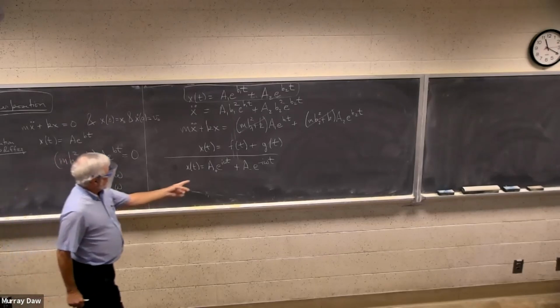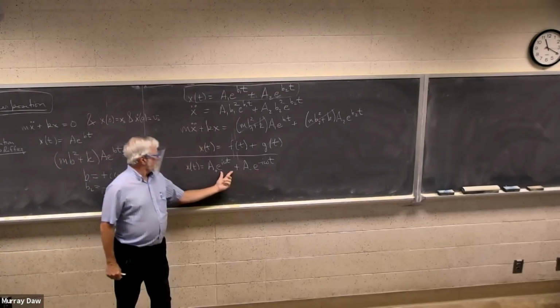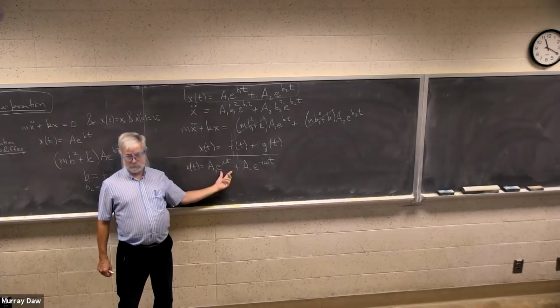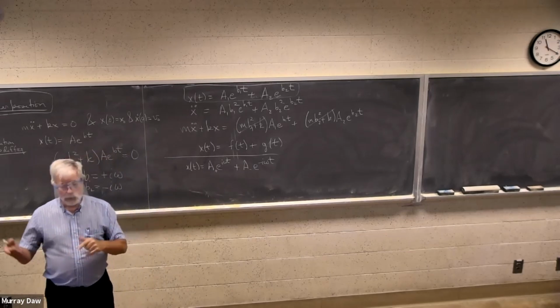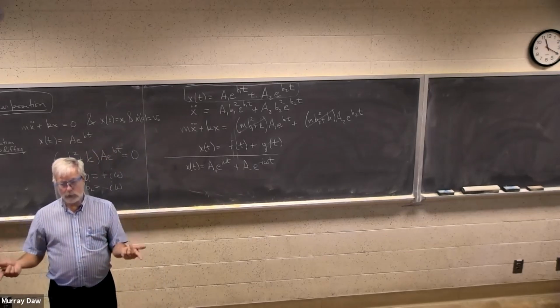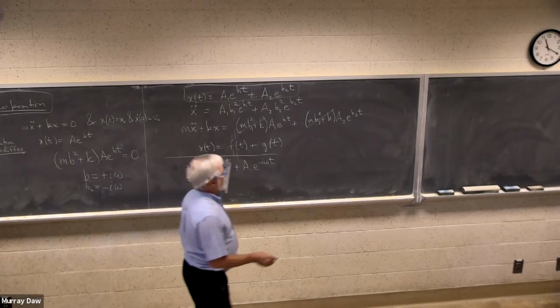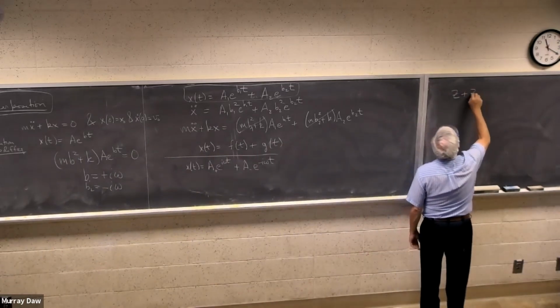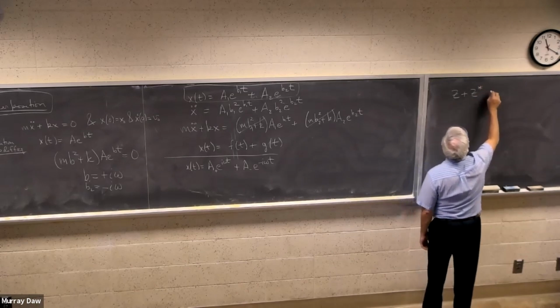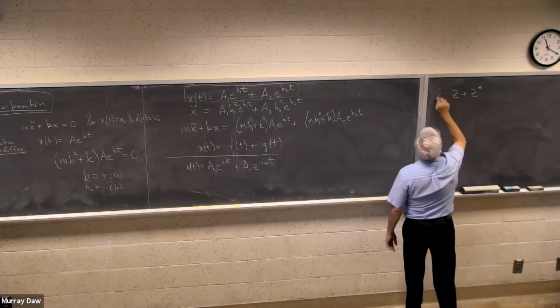Okay, you can see that this function is the complex conjugate of this function. To get a real number from a complex number, I can add it to its complex conjugate. That gives me a real number, right? For any complex number, this is real. It has no imaginary part.